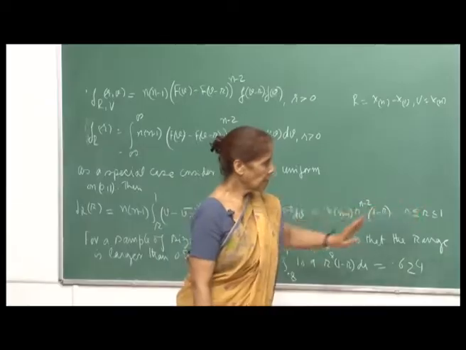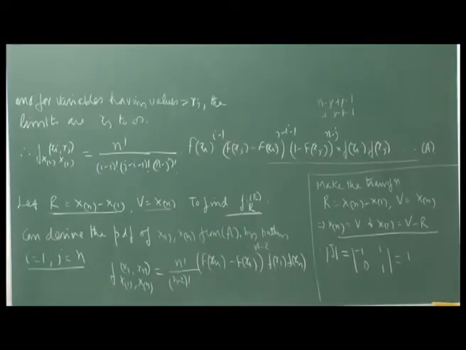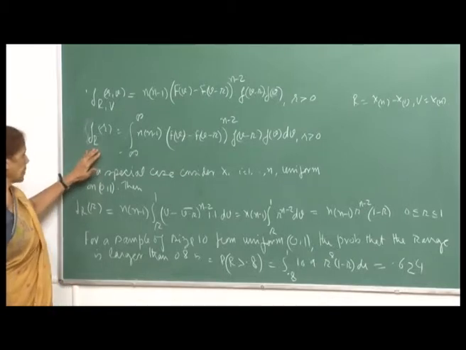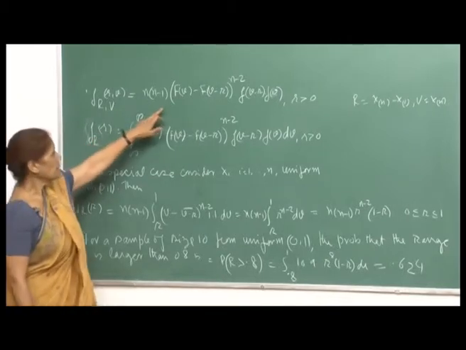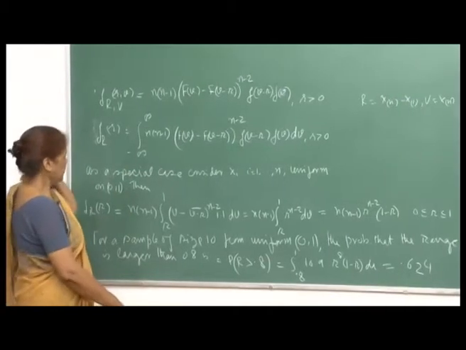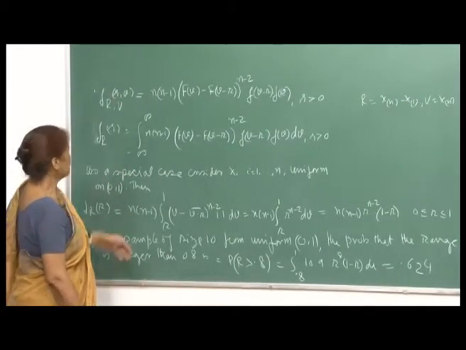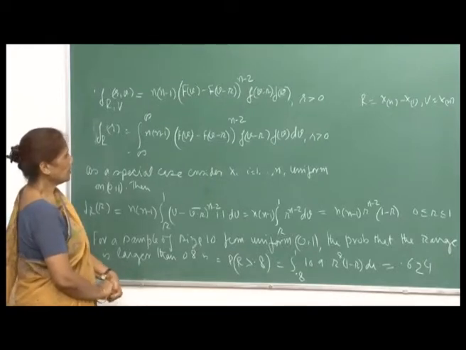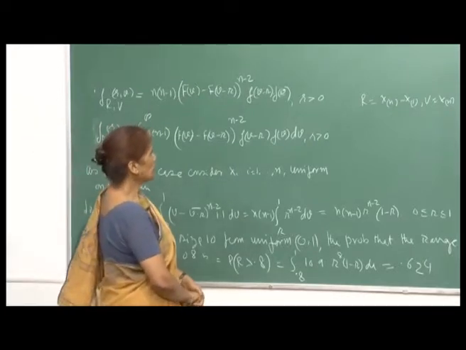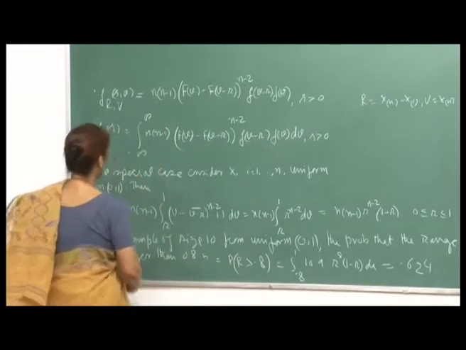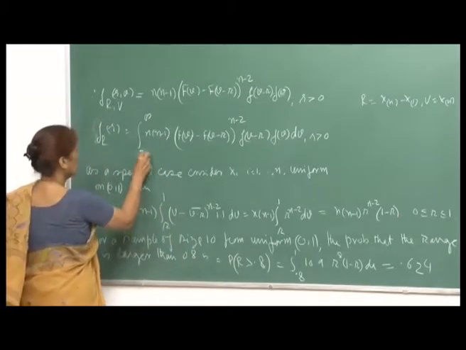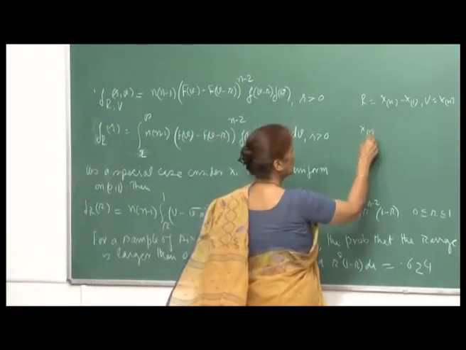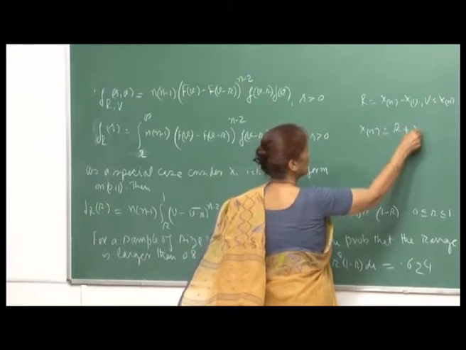So, therefore, once I get the joint PDF of R and V, now my interest is in getting the PDF of capital R. So, I will integrate this, and in general you will integrate from minus infinity to infinity. Well, why should I say from minus infinity to infinity? It should be from R, because you see here your x n is R plus x 1.